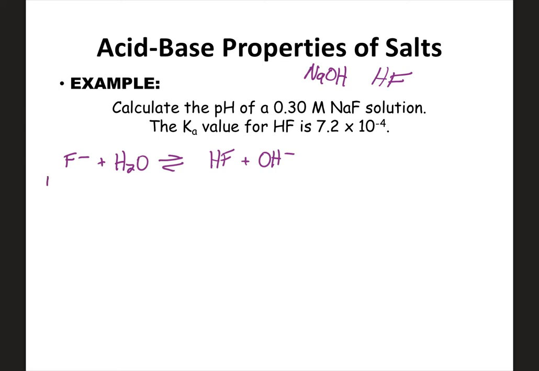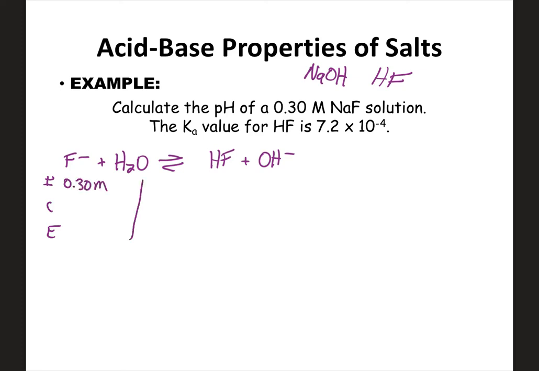We can do our ICE table here. The initial concentration of our F minus, well, remember here, NaF is an ionic solid. It's going to dissociate 100%. If you know the concentration of the NaF, it's a 1-to-1 ratio. You know the concentration of the F minus itself. It's going to be 0.30 molar. Water is a liquid.